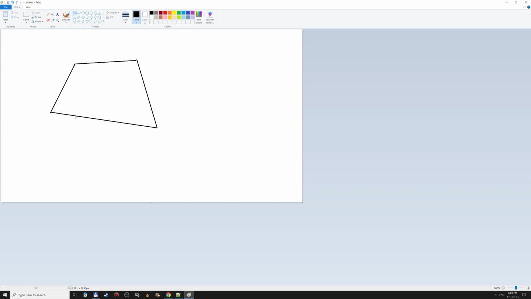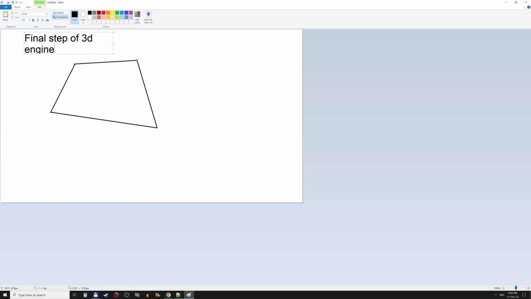This is the final step of a 3D engine: map bitmap to polygon.